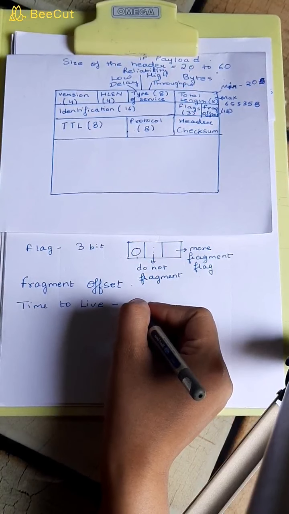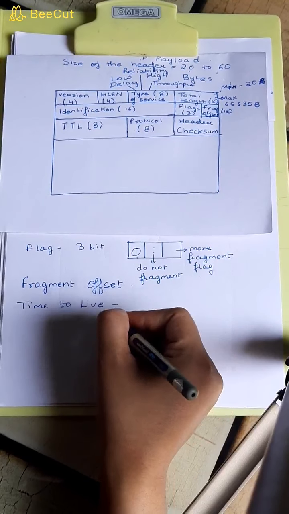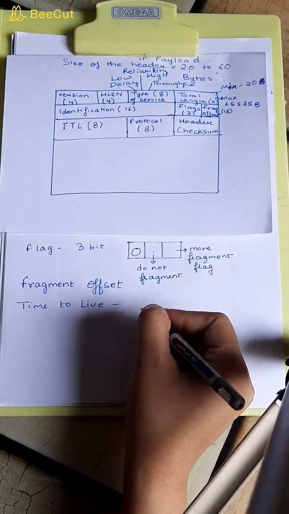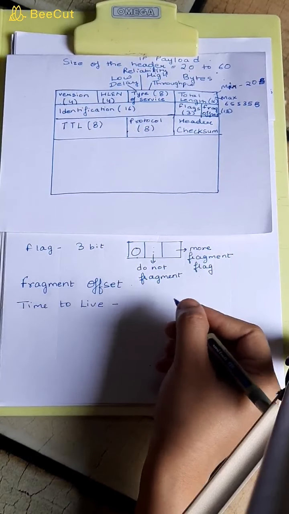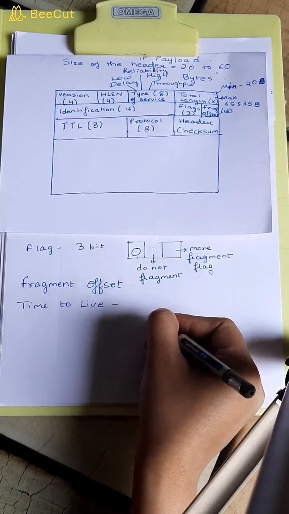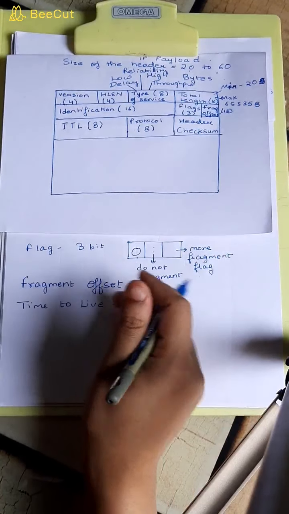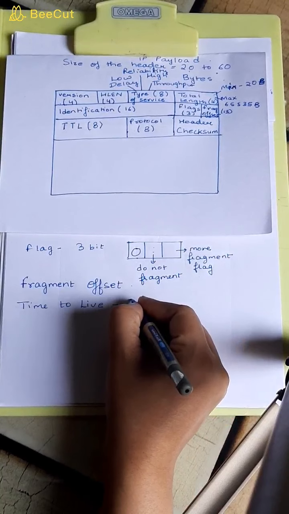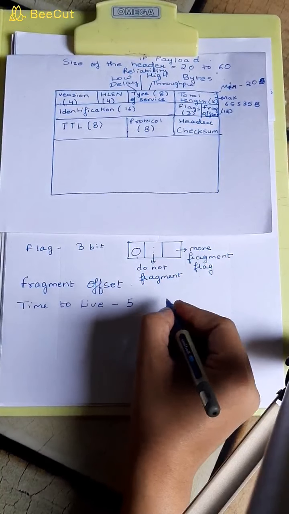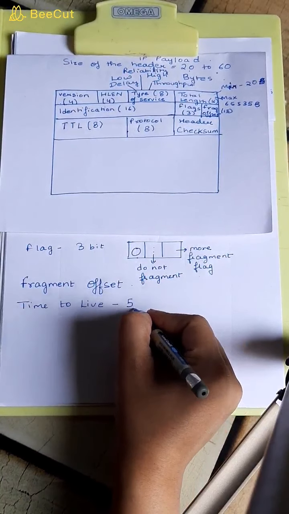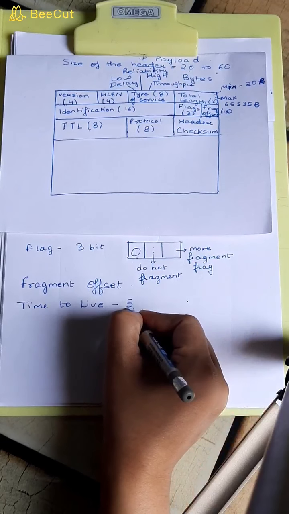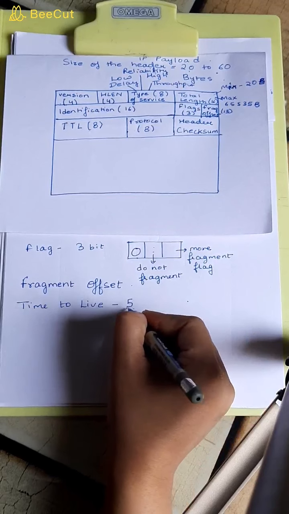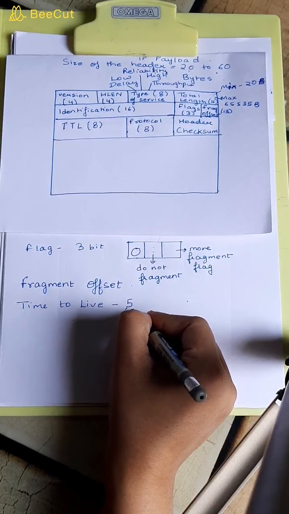Time to live means each packet is sent with this value, which tells the network how many routers this packet can cross. And at each hop, we have to decrement this value by 1. Suppose you are sending one packet and you have given time to live as 5. This packet is going from one router to the second router. When it reaches the second router, this value will be decreased by 1. And when this value becomes 0, the packet is discarded.